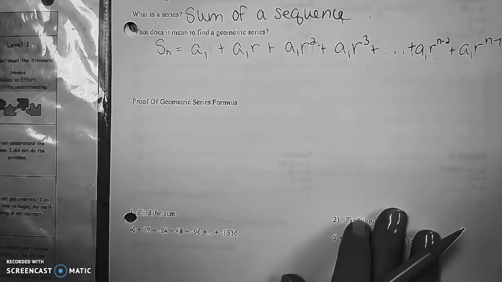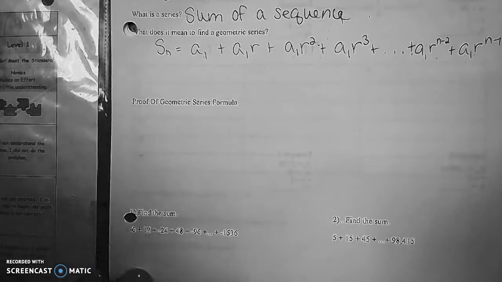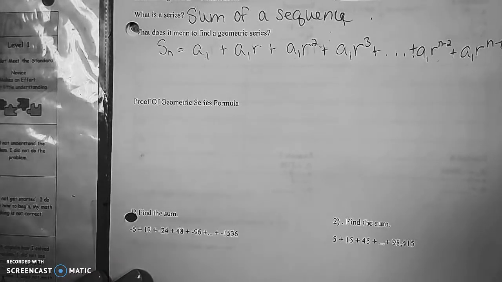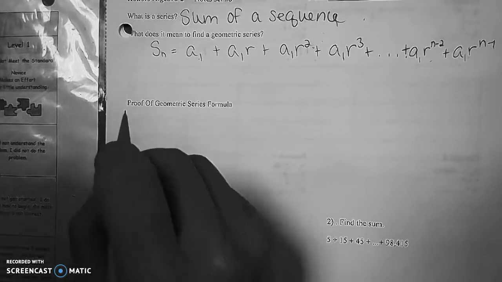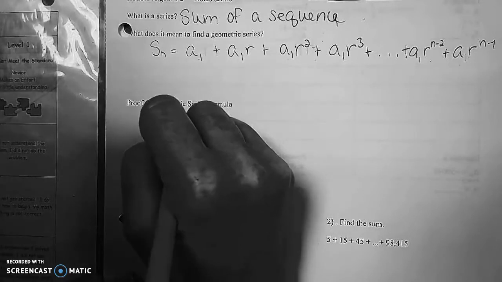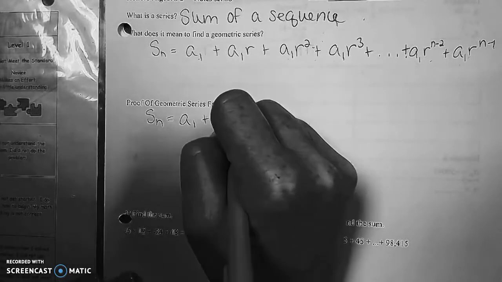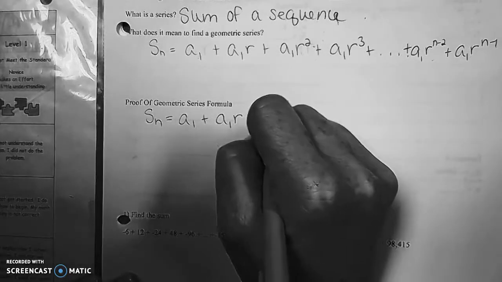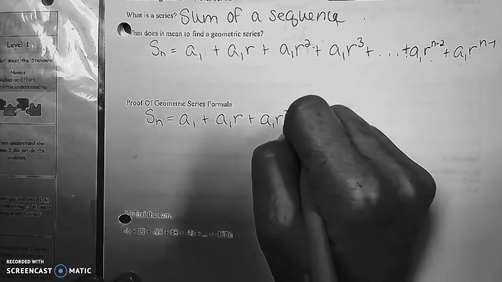That's why I'm doing this one with you. This is more of a formal mathematical proof that you would see in upper level math textbooks. First, I'm going to write down what I had above.